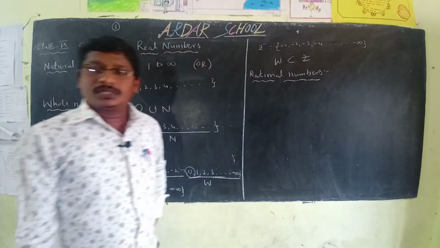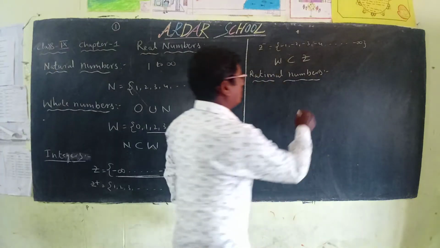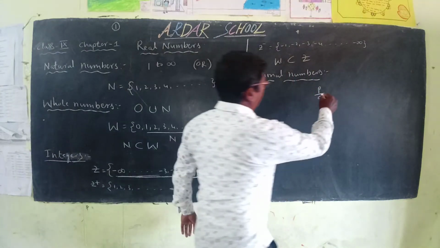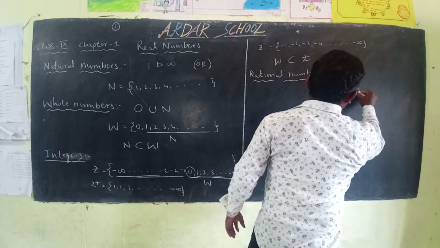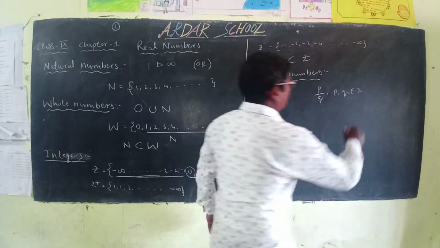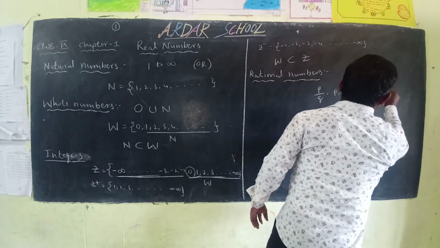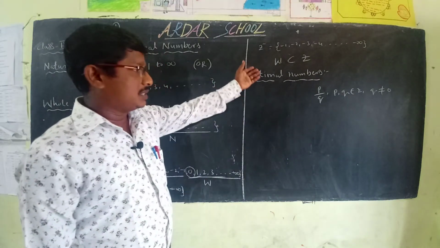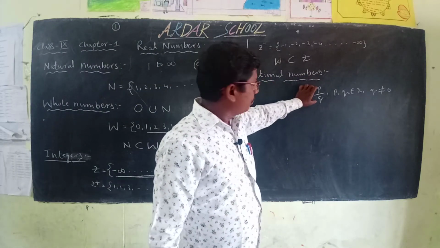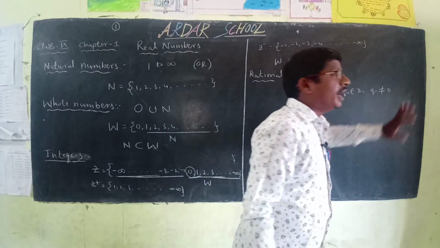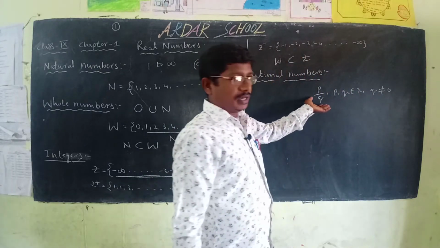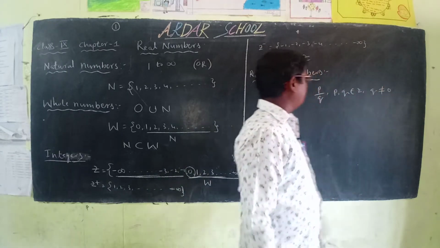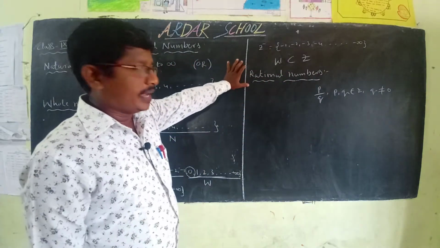The definition of rational numbers is the numbers which are in the form of p by q, where p, q belong to Z and q is not equal to 0. Here q is the denominator. The denominator must not be equal to 0. This is the definition of rational numbers.